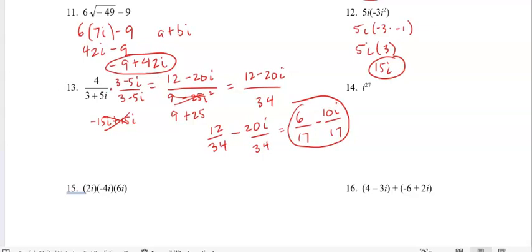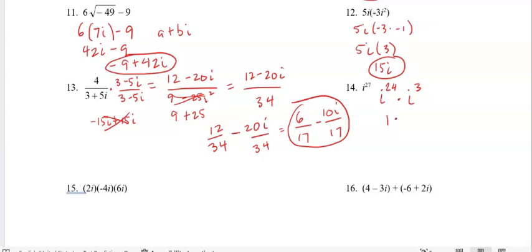Number 14, I always want to use an i with a multiple of 4 exponent when I simplify these powers of i that are kind of big. So using i to the 24th power means that that's just equal to 1. i raised to any multiple of 4 is equal to 1.